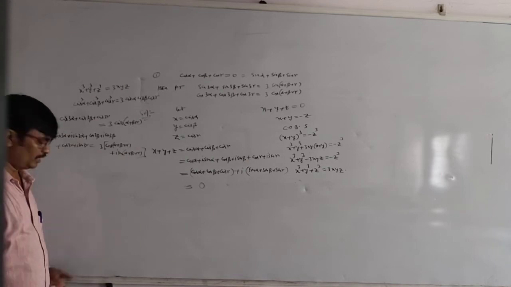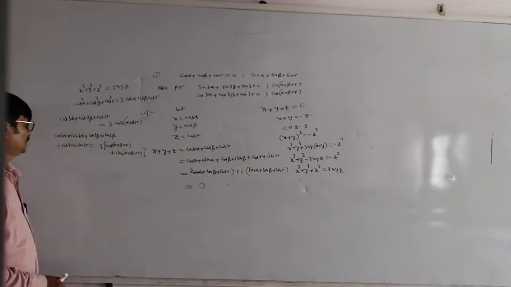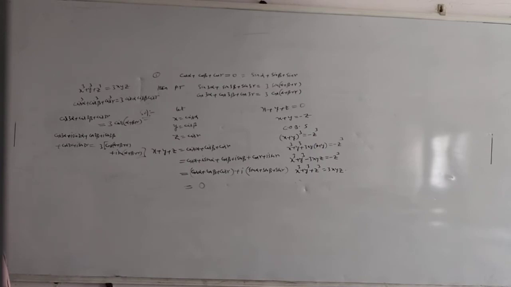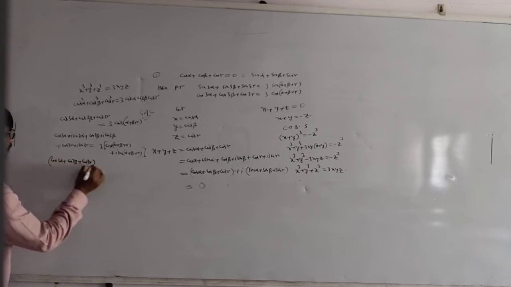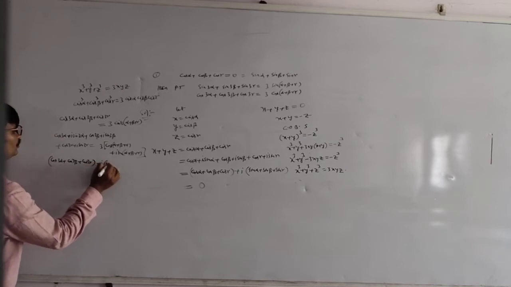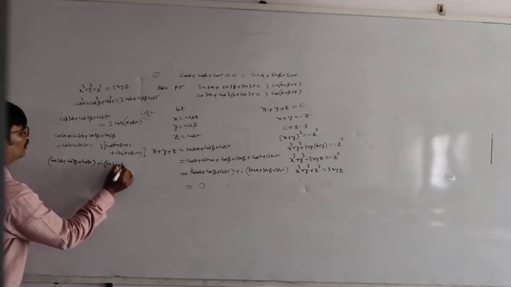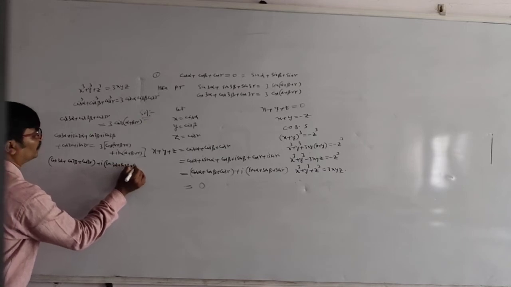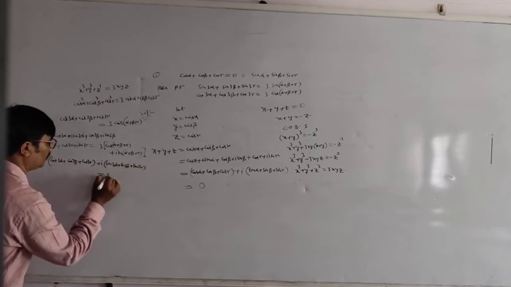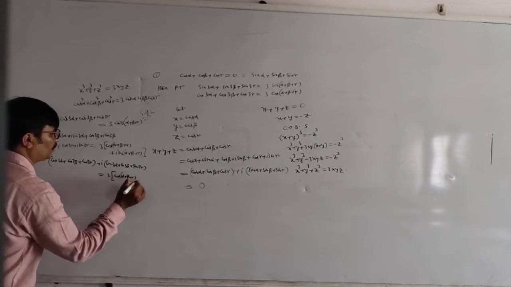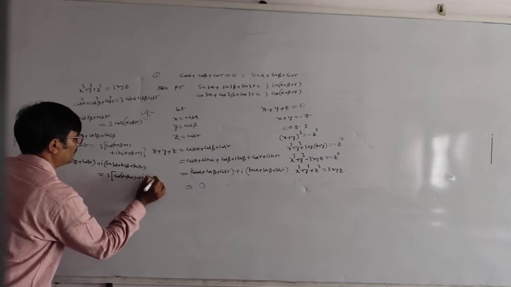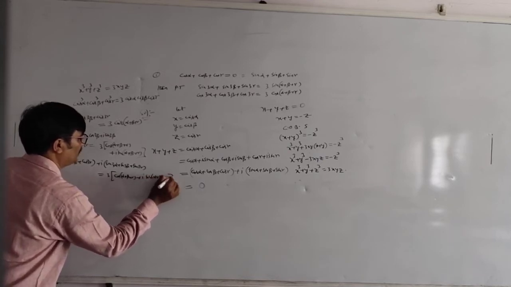So dear students, equating the real and imaginary parts on both sides. The real part is cos 3 alpha plus cos 3 beta plus cos 3 gamma, plus i into sin 3 alpha plus sin 3 beta plus sin 3 gamma, equal to 3 into cos of alpha plus beta plus gamma plus i sin of alpha plus beta plus gamma.